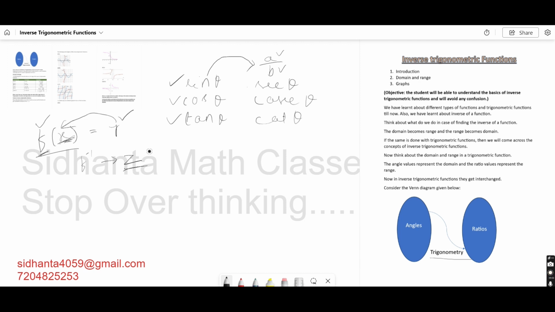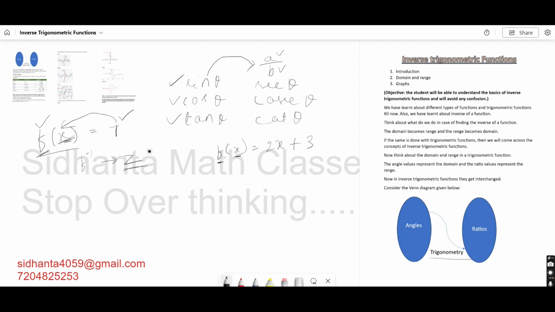Now let's understand this inverse thing with an example. Let's say I am writing f of x is equal to 2x plus 3. Now x is a variable which we have used here, but what exactly does f mean? f means the complete explanation of what you are doing with x.